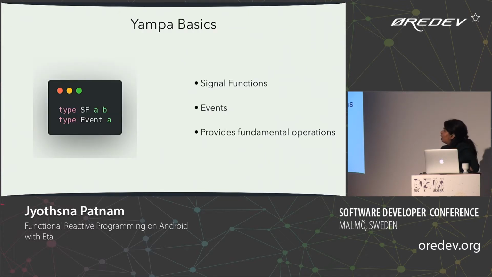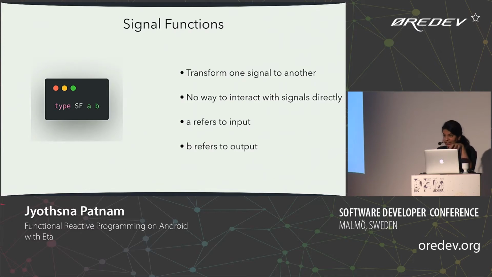The two most important types used in Yampa are SF, that is the signal function, and Event. The SF, the signal function, transforms the input signal into an output signal, and the library Yampa does not allow you to create or operate on signals directly.